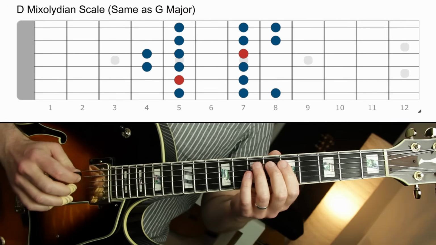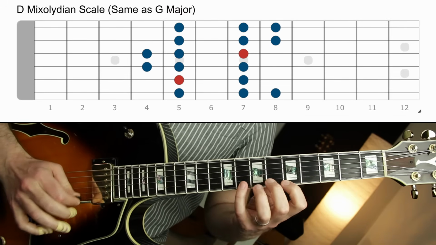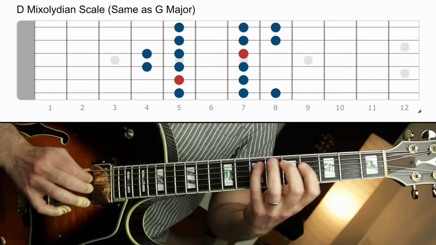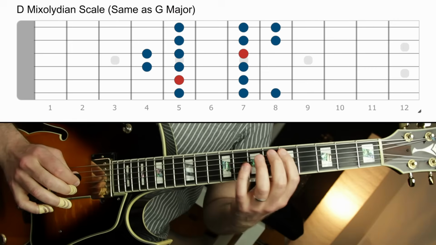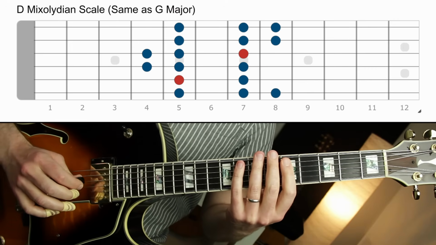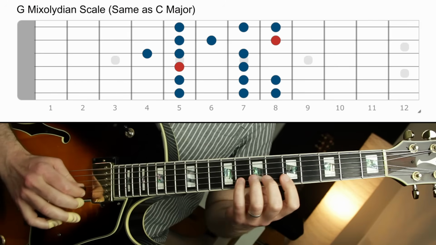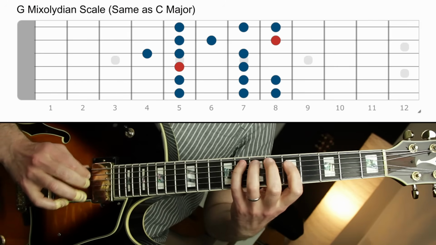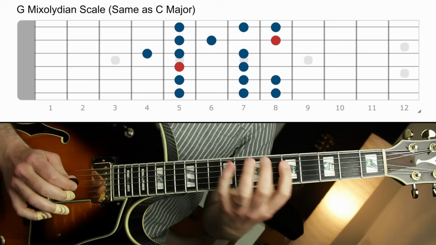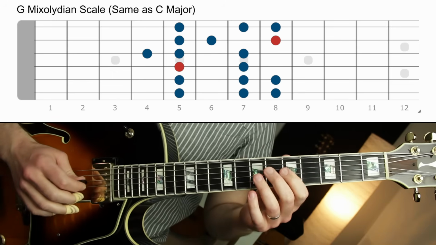Here is D mixolydian. Same exact physical shape we just did on E flat, but down a half step. Here is the G mixolydian. And like I said, if you want to treat that just as playing C major, great, that's going to be fine too.